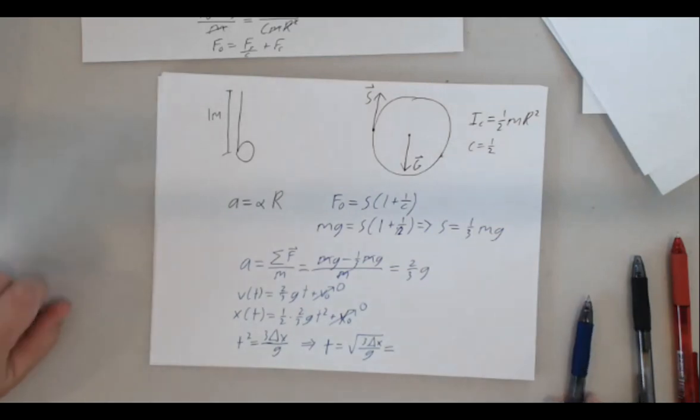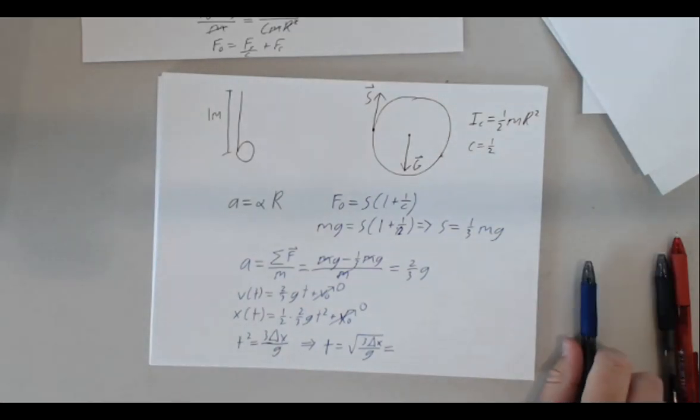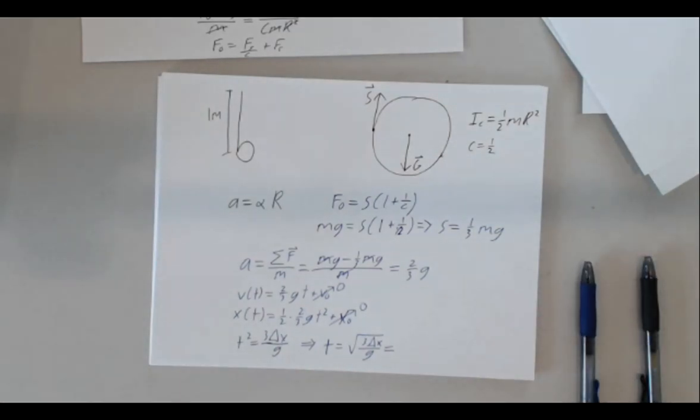Okay, so rolling motion is this kind of fun way to wrap up this segment we've done on rotational dynamics, okay? Because rolling motion combines a lot of the things we've done all through the course of the semester. We have to think about static friction.